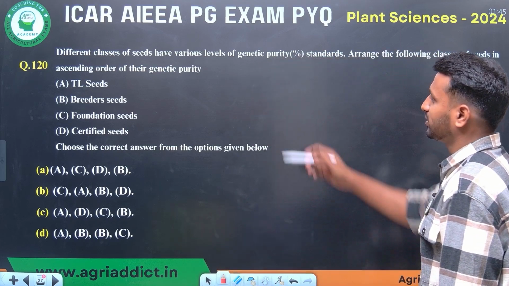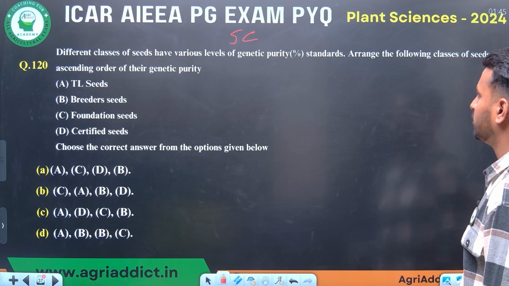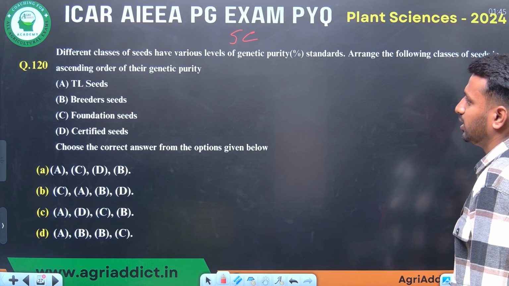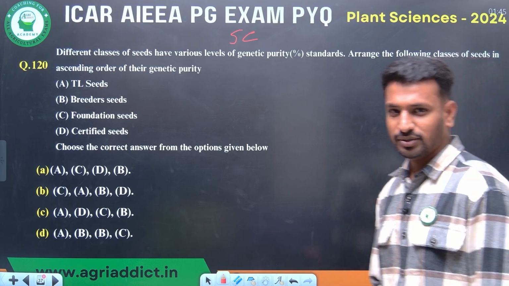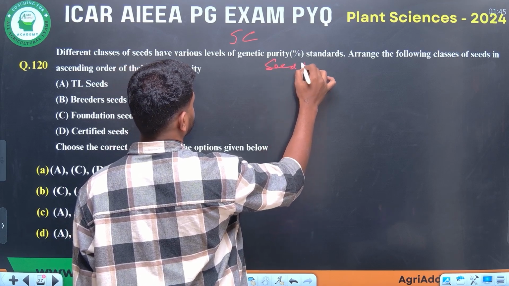Next, one question again from seed certification. Different classes of seeds have various levels of genetic purity standards. Arrange the following classes in ascending order of genetic purity. As I told you, I think I missed one thing while talking about seed testing.